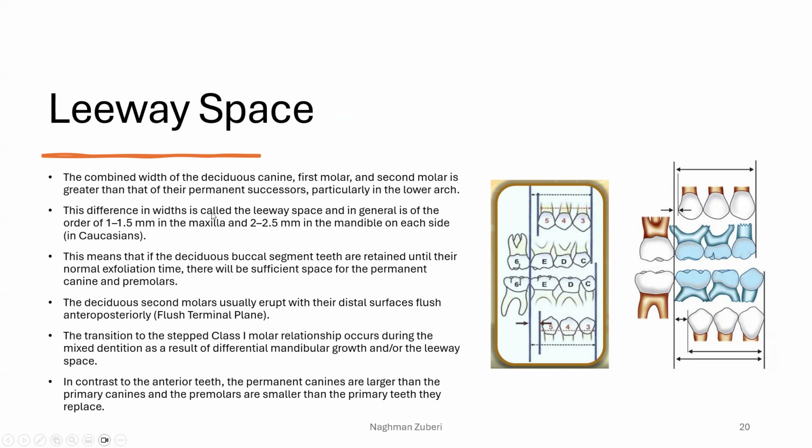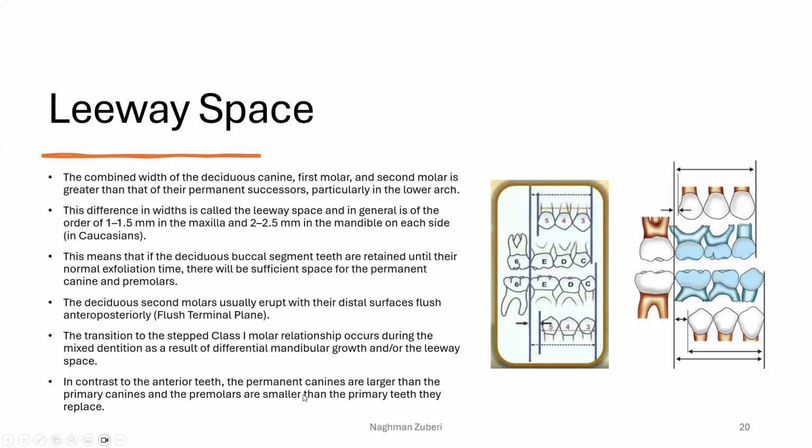The difference in width is called the leeway space and in general is of the order of 1 to 1.5 millimeter in maxilla and 2 to 2.5 millimeter in the mandible on each side, means in each quadrant. Remember this point. This means that if the deciduous buccal segment teeth are retained until their normal exfoliation time, there will be sufficient space for the permanent canine and premolars.